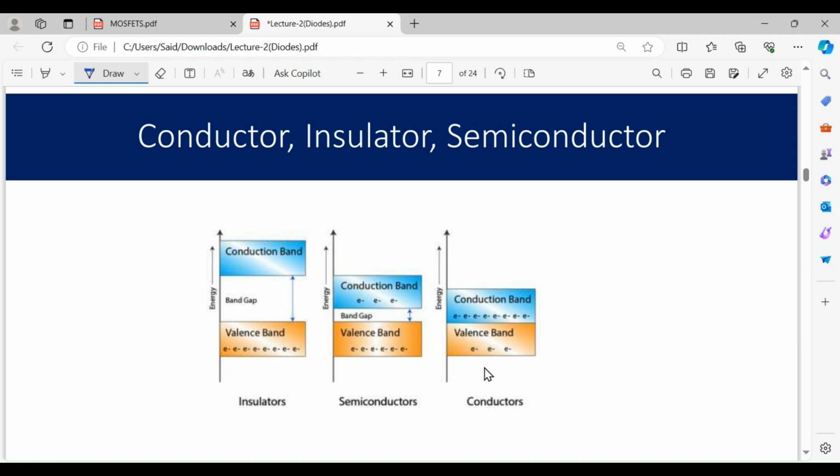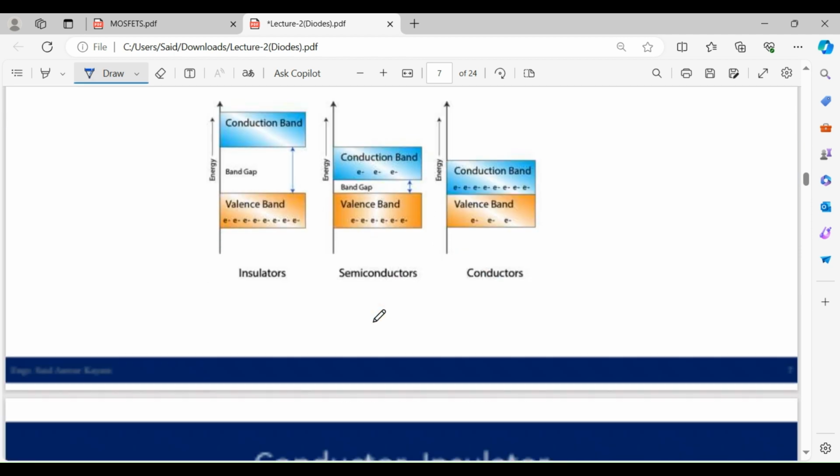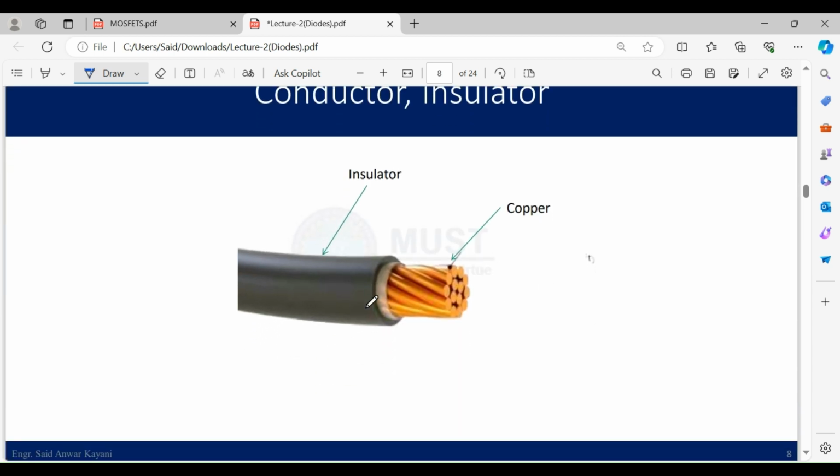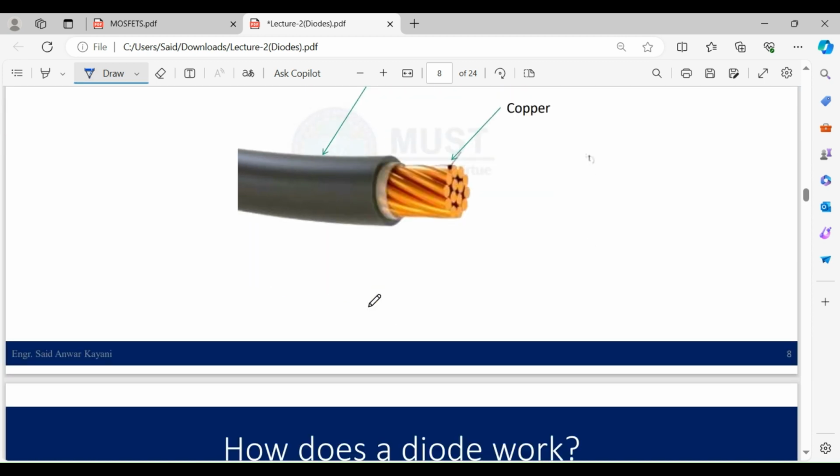In conductors, the valence band and conduction band overlap, and electrons easily jump. But in semiconductor material, the band gap is very small. By adding some impurities, that is p-type or n-type, we can conduct electric current in our semiconductor materials. This is a pure conductor, that is copper. It has free electrons, and electric current can easily flow through a copper wire.